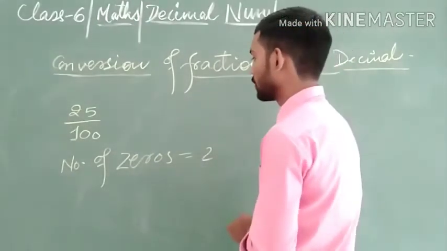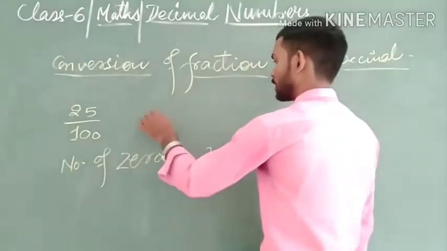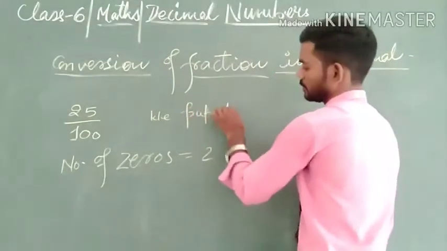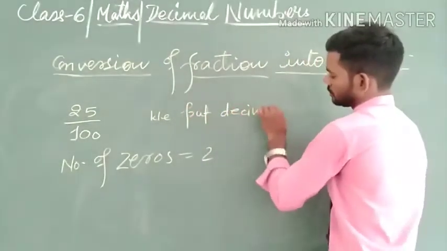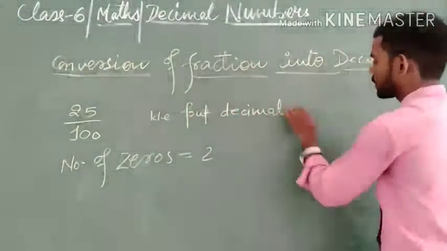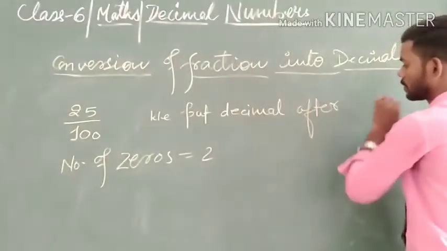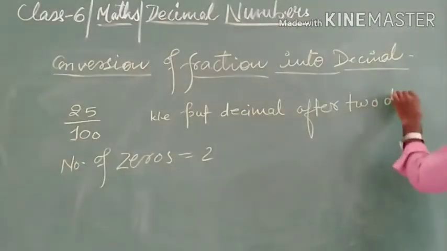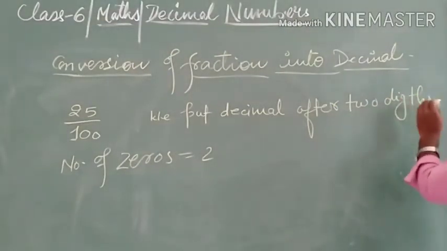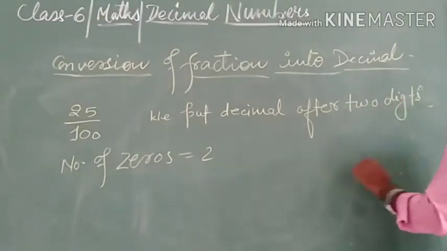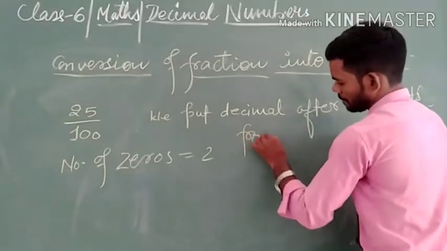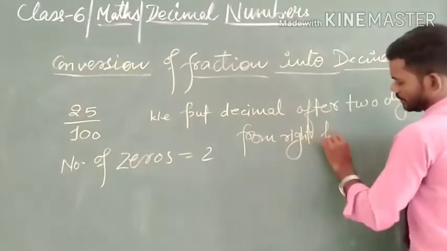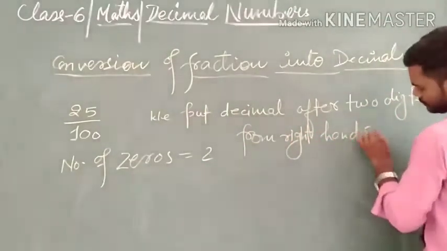Before this I will write here, we put decimal after 2 digits from right hand side.